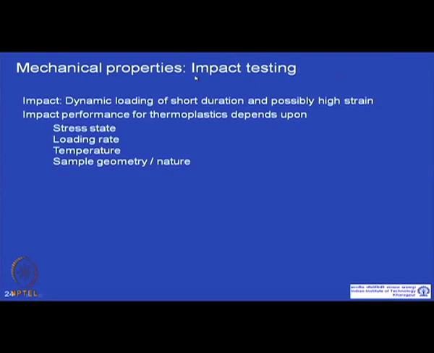Now we talk about impact testing. Impact is basically a dynamic loading of very short duration. We know about impact: if you have a glass and you hammer it, it breaks, which means the glass has a very low impact property. But if you keep the glass and put a load on it, it does not break.